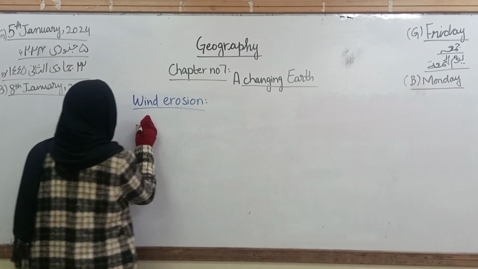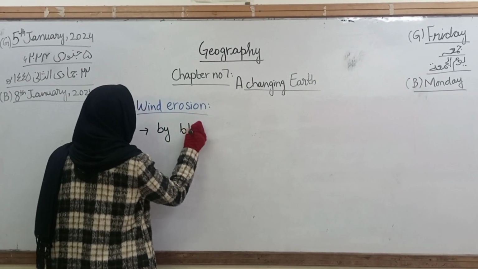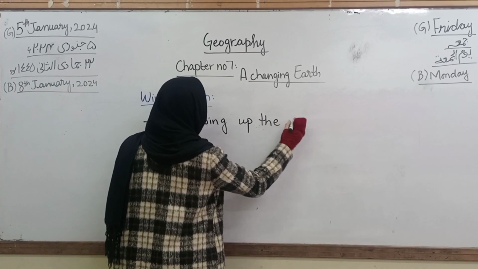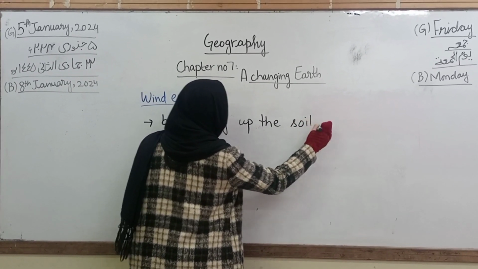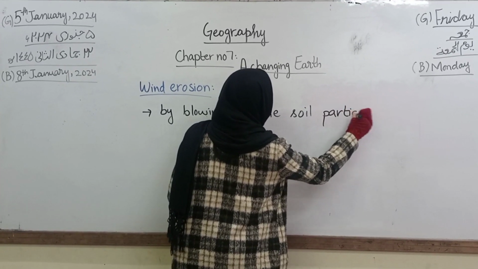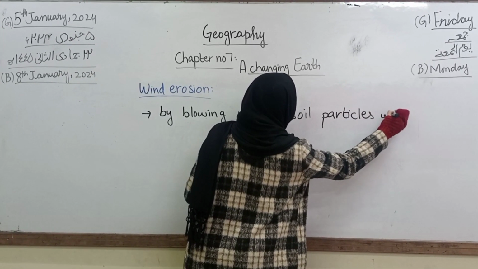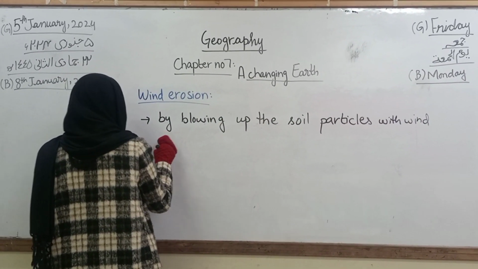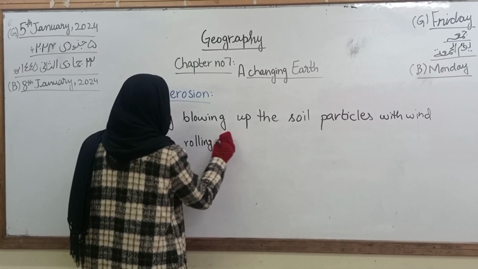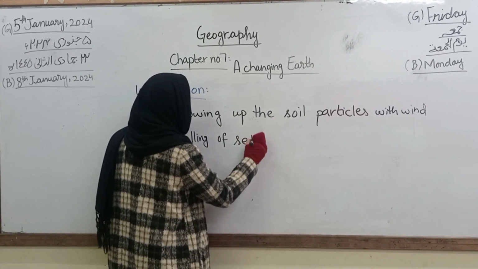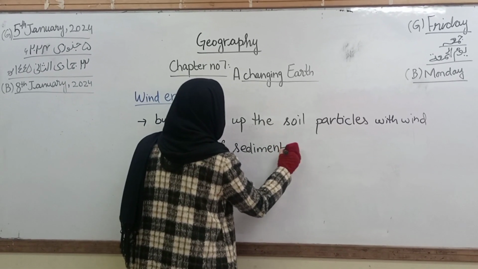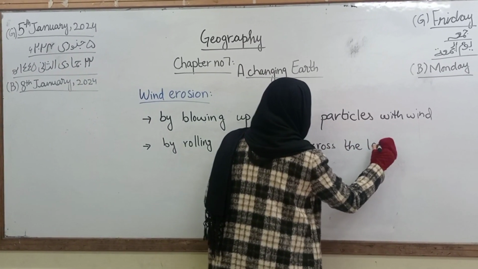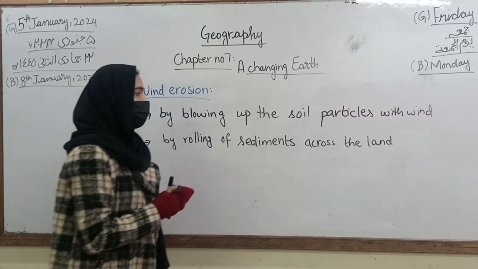So we can say that wind erosion occurs by blowing up the soil particles with wind, and the second one is by rolling of sediments across the land. It also happens with the help of wind.